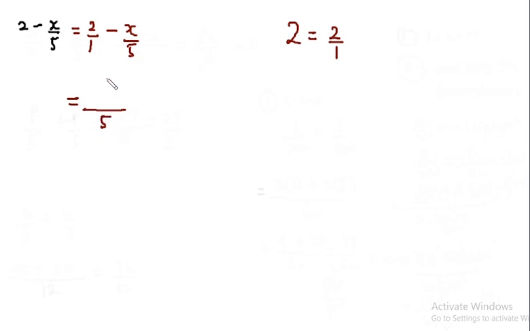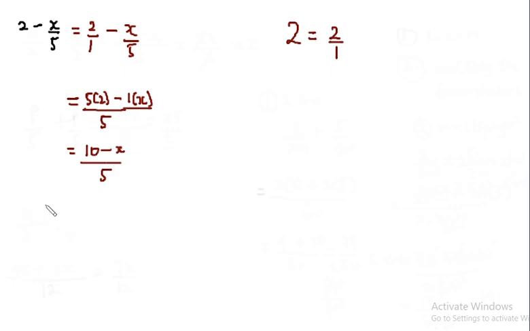So in this case, if we have 5 divided by 1, this will be 5 times 2 minus 5 divided by 5 is 1, 1 times x is x. So here we have 10 minus x, divided by 5. Now from this place, we cannot break it down further. So this is our final answer.